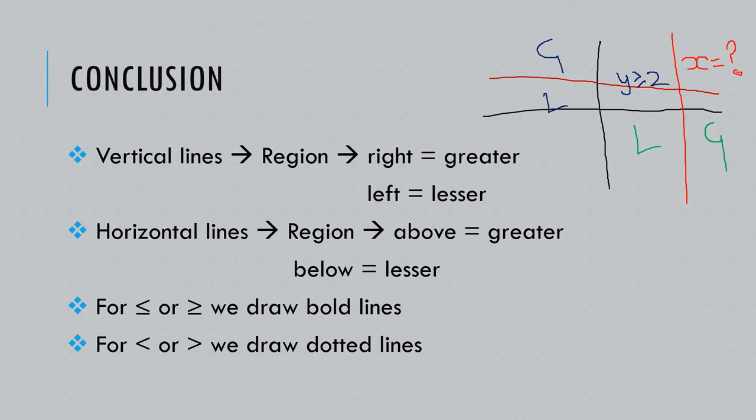So this all will be greater than 2, this all will be less than 2. Simple, easy. And another thing to remember: for greater than or equal to or less than or equal to, we draw bold lines, and for just greater than or less than, we draw dotted lines.